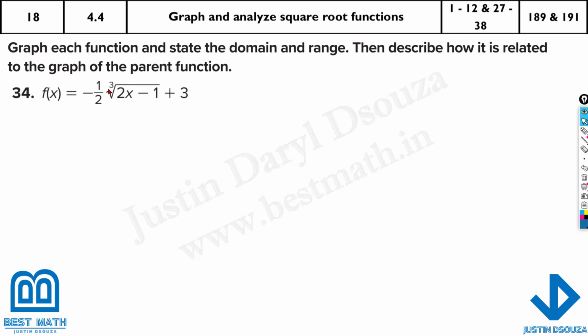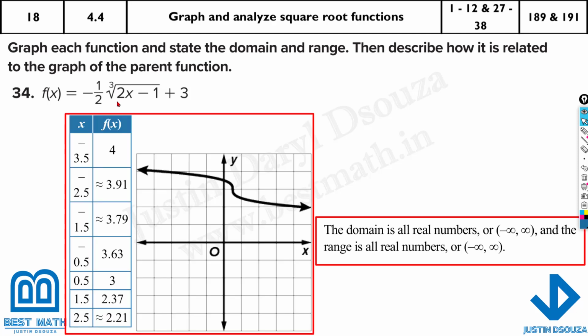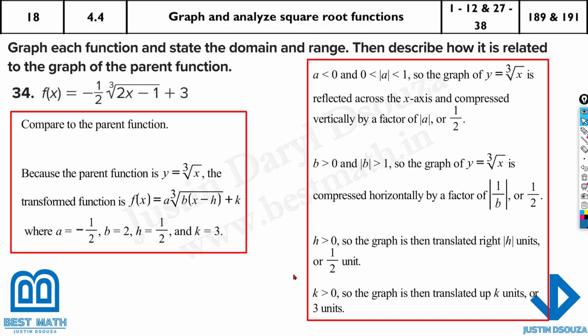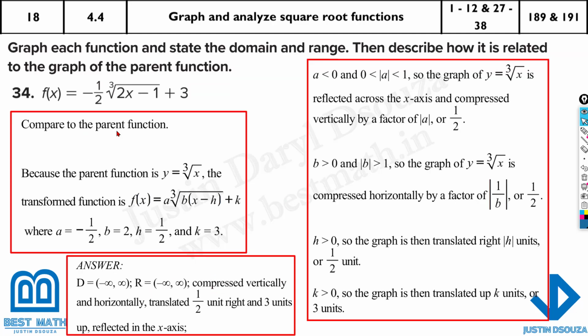Here again it's cubic, so the domain and range will be minus infinity to infinity. Here minus means it's reflected along the x-axis. Half is less than 1, so it is compressed vertically. Let me show you one by one. First I'll say reflected along the x-axis because of the minus sign. Then half, it's compressed vertically.